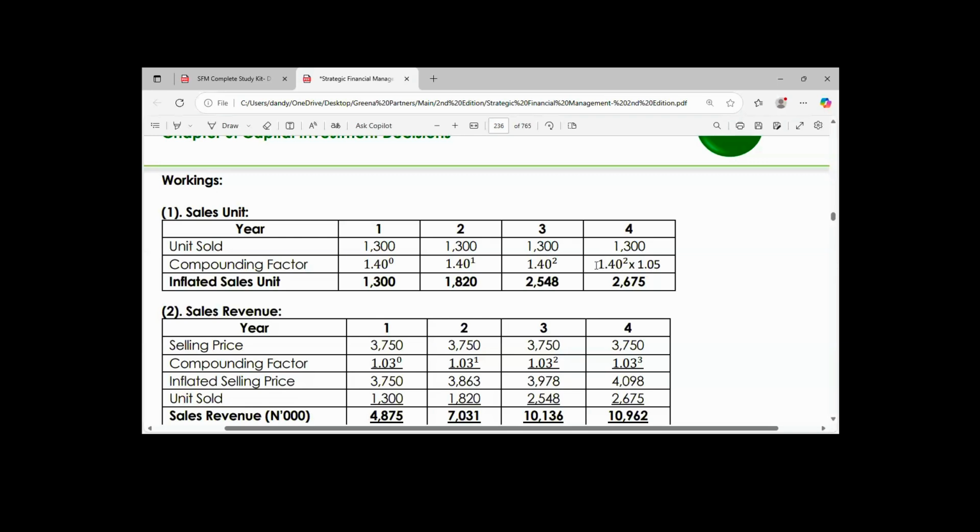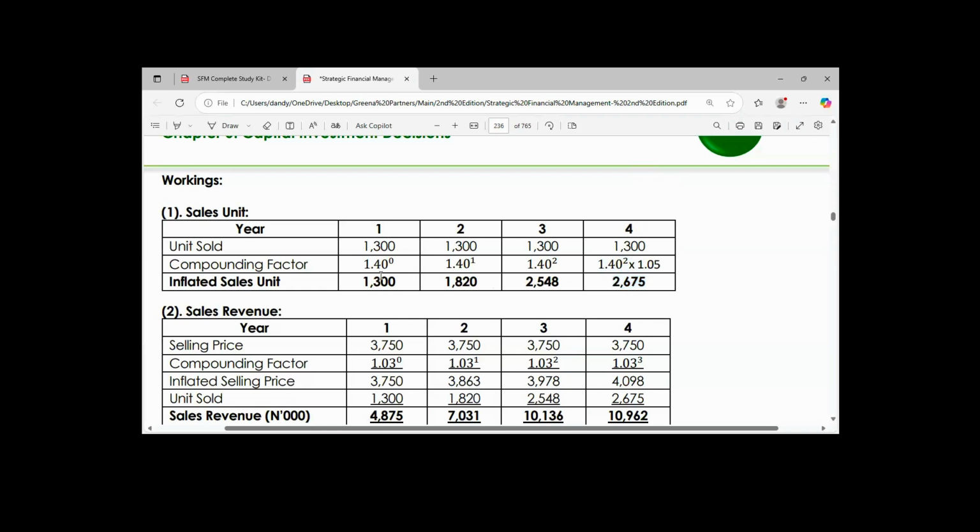Therefore, you are going to grow the year 3 compounding factor. You multiply with the 5% that it has fallen to. So that's what produced the 1.4 squared by 1.05. Then you now multiply with 1,300. That's what produced the 2,675. That's a long thing to do. I did it just to simplify it further.